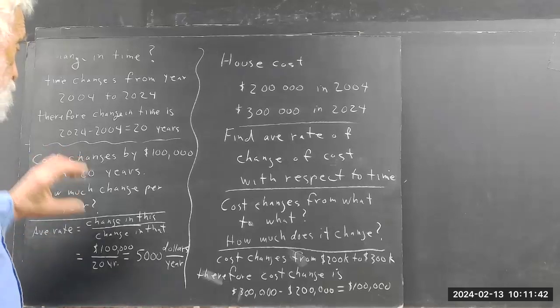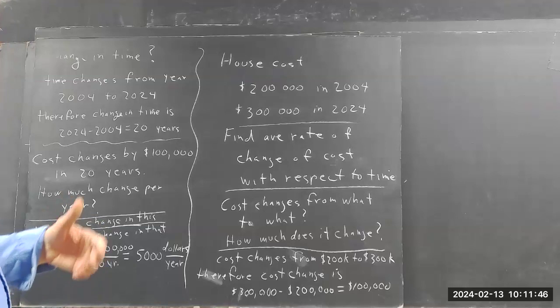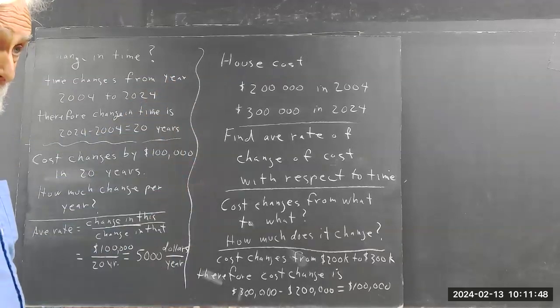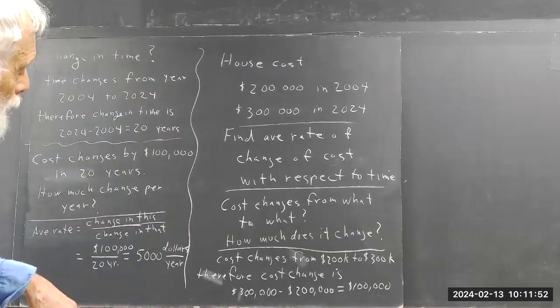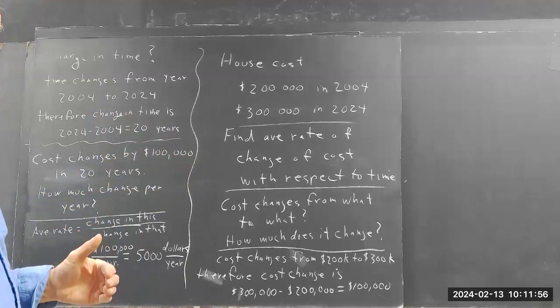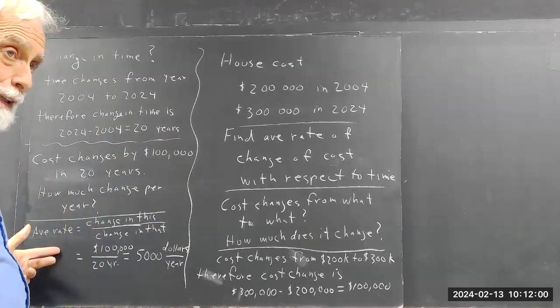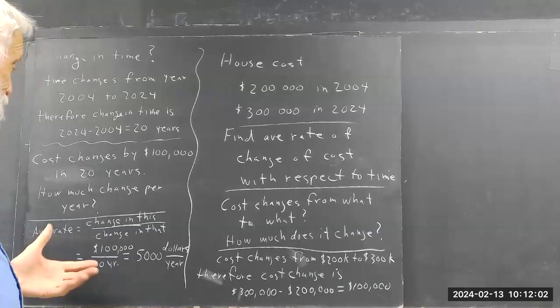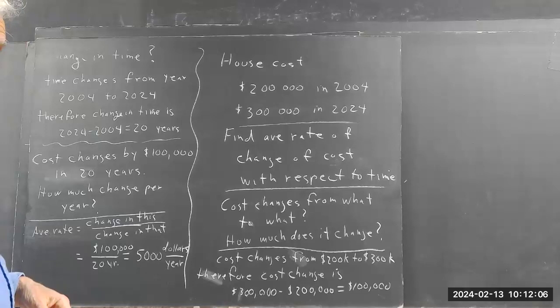Now, if you divided it the other way, you'd get like 0.002, okay? Sorry, 0.002. And that would have been years over dollars. Years per dollar doesn't really feel right, doesn't make a lot of sense. And how much change is there per year, okay?